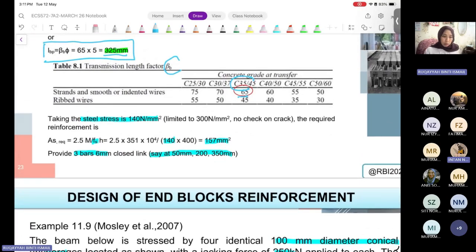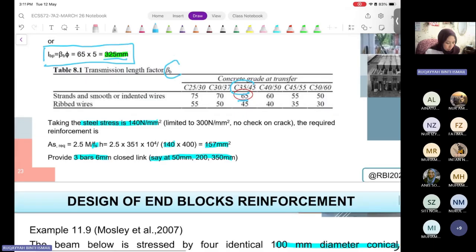All right. When you take the steel stress as 140 MPa, limited to 300, we provide no check on crack.